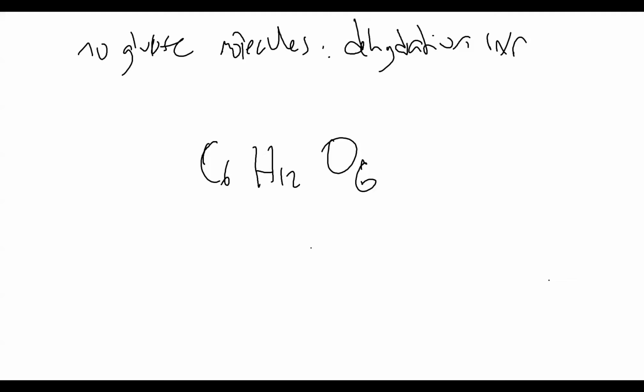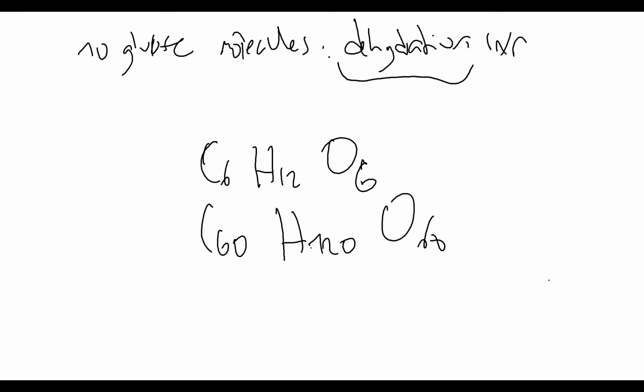So usually if we add 10 glucose molecules together, it will end up as C60 H120 O60. But we should not take out of our mind that dehydration means loss of H2O. So in each glycosidic bond, we are losing a molecule of H2O.